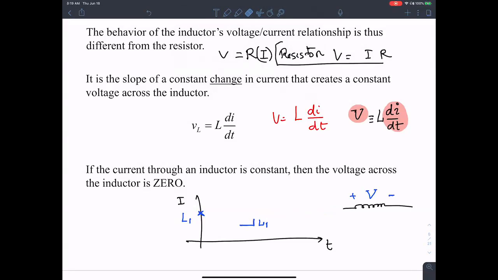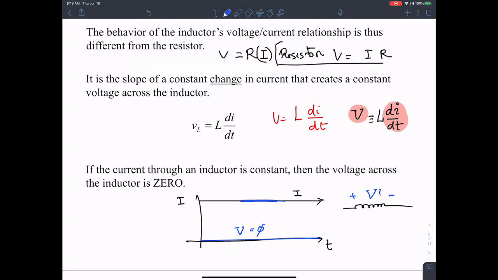What do you think happens to the value of the voltage across the inductance if the current flowing through it is constant? It will be the slope of this guy, which is zero, right? So the voltage across an inductance is zero because the slope of the current is zero.